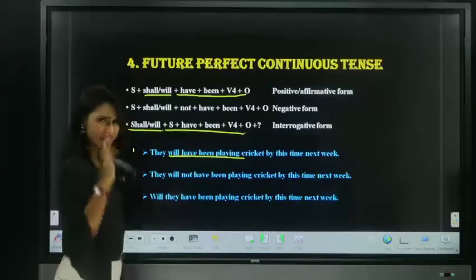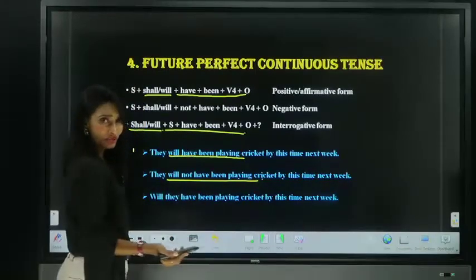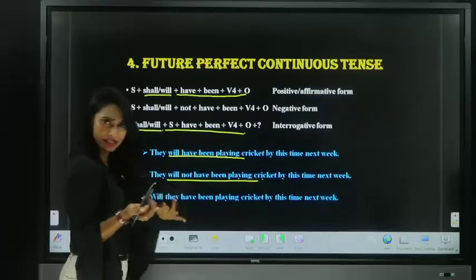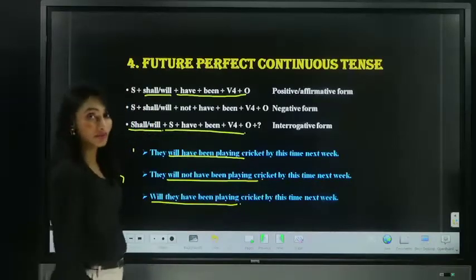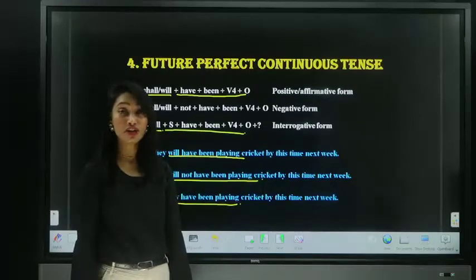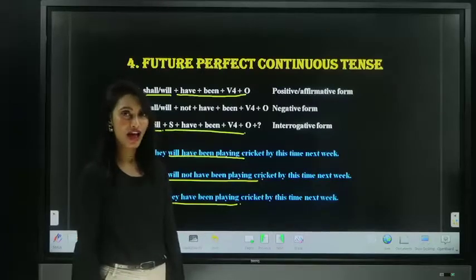Negative: They will not have been playing cricket by this time next week. Interrogative: Will they have been playing cricket by this time next week? So remember the structure. Just like present perfect, but will or shall must be placed before the auxiliaries of have forms.